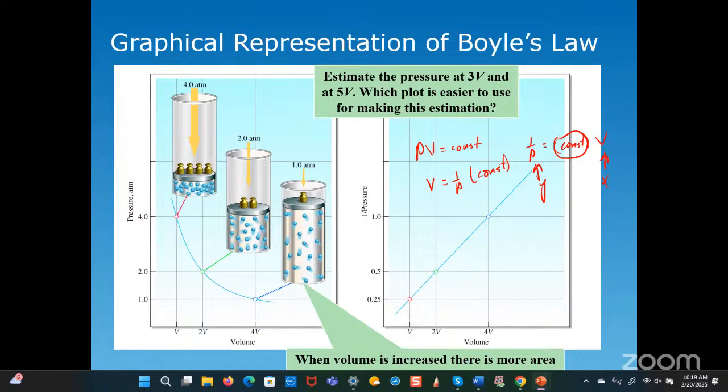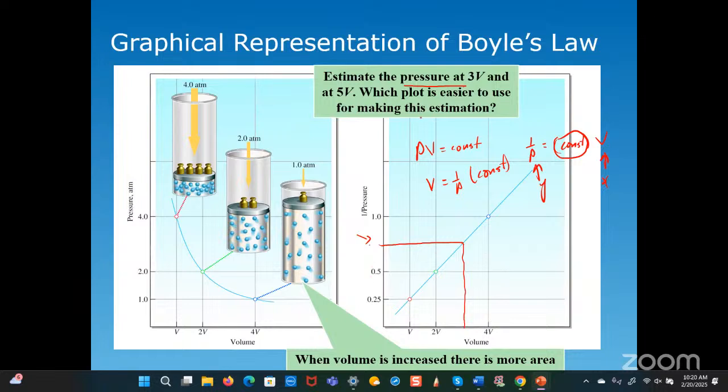And this plot is more useful because you can answer questions like what is stated here. It says, estimate the pressure at 3V. Well, that's very simple. All you have to do is identify 3V here on the x-axis and then draw, using a ruler, of course, a perpendicular line like this, which touches the line, and then you find out what the value here is.